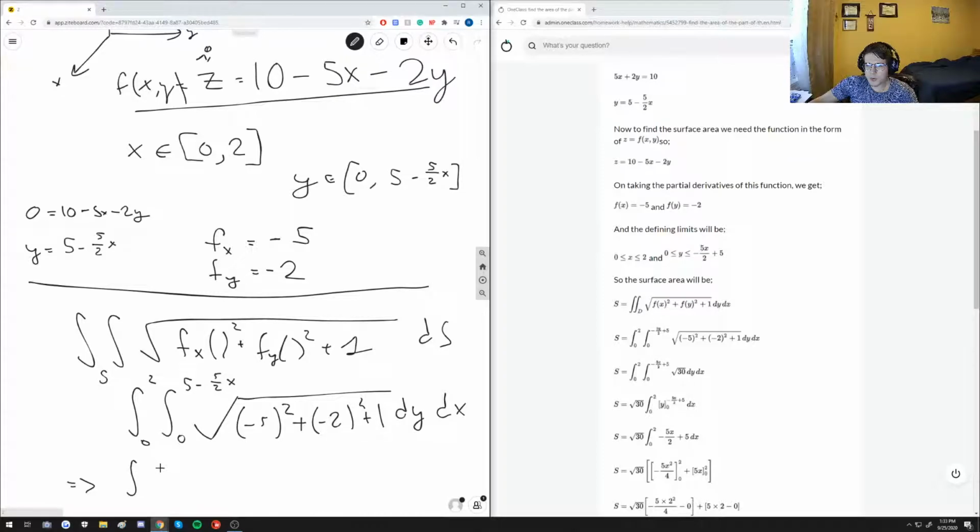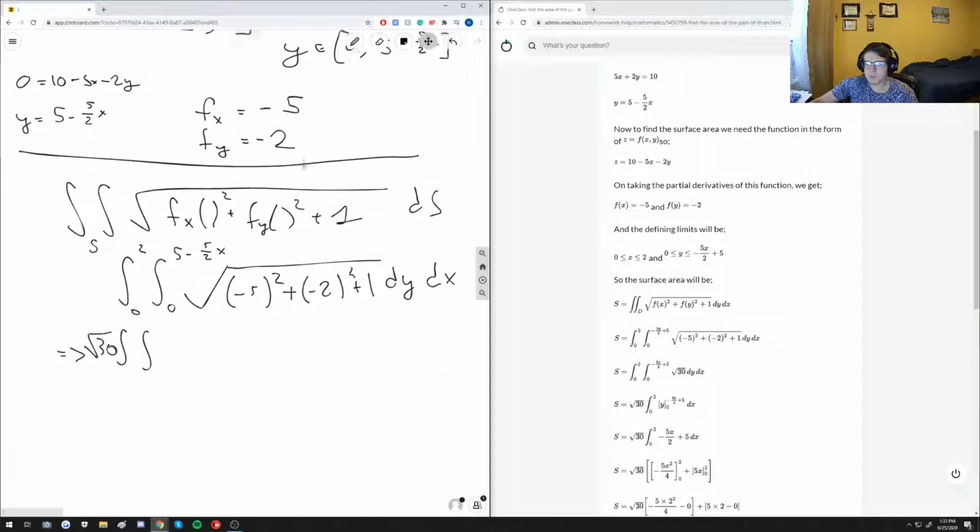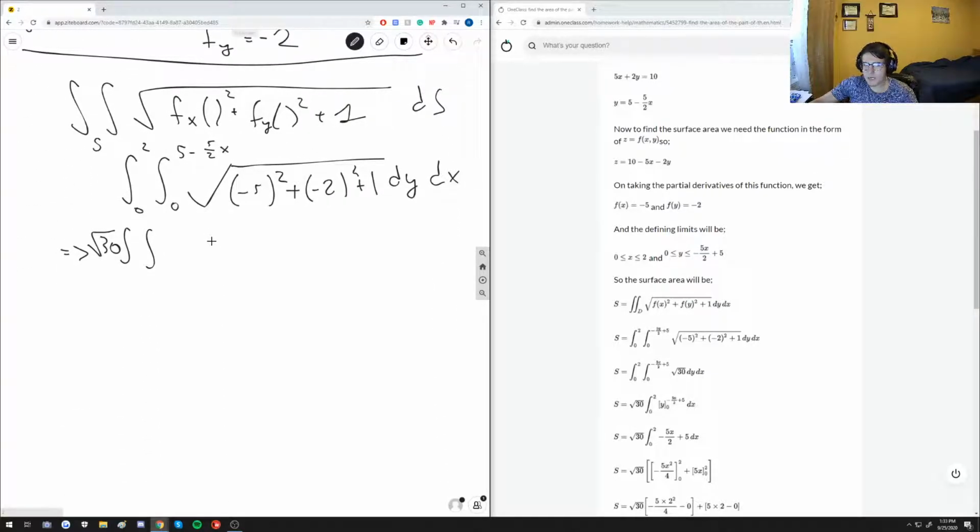So we're going to rewrite our integral here. We know that this is going to be square root of 30, and because square root of 30 is a constant term, we could take it out of the integral. We can integrate with the same terms here, and we're just going to be integrating 1 with respect to y and x.